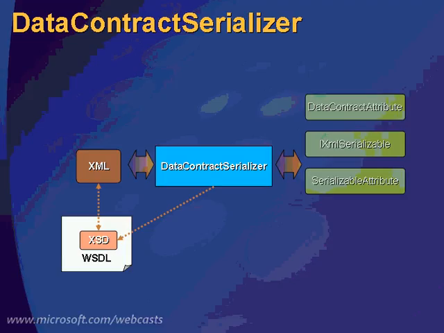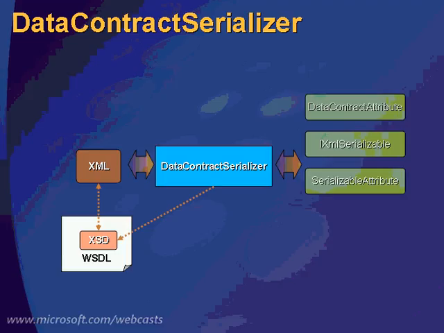So for example, a complex type will be represented by a schema in the WSDL and associated with a particular parameter as part of a message. Now, the way that works is the data contract serializer in WCF, which is the default serialization mechanism, will look at the XML incoming and say, how do I map that to a CLR type, and what CLR type should I be building, by looking at your service contract.